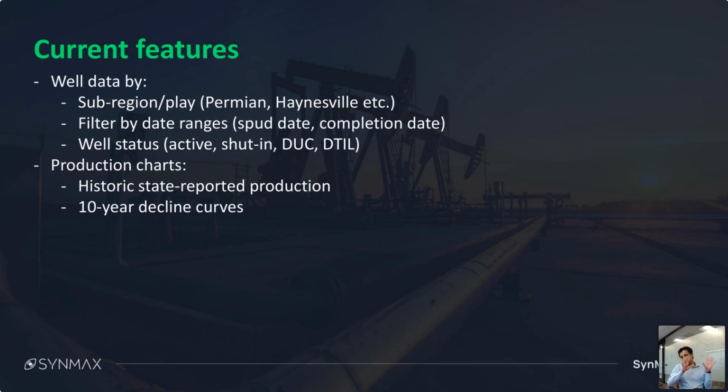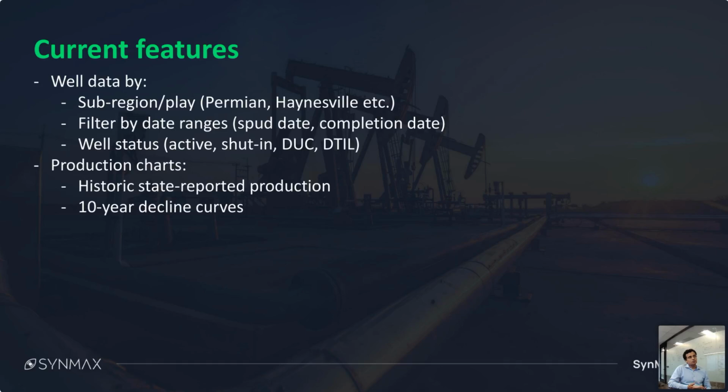the overall features look like are, firstly, you have well data, which is categorized by the subregion or the play. Like you have categories in Permian, Haynesville, etc. You can go in and filter the well data by when the well was spud, or when the well was completed.